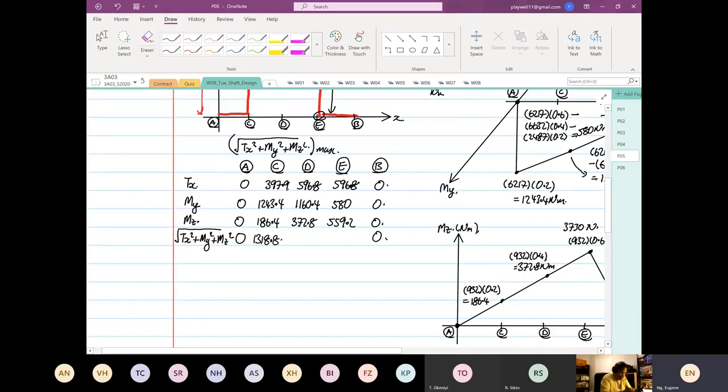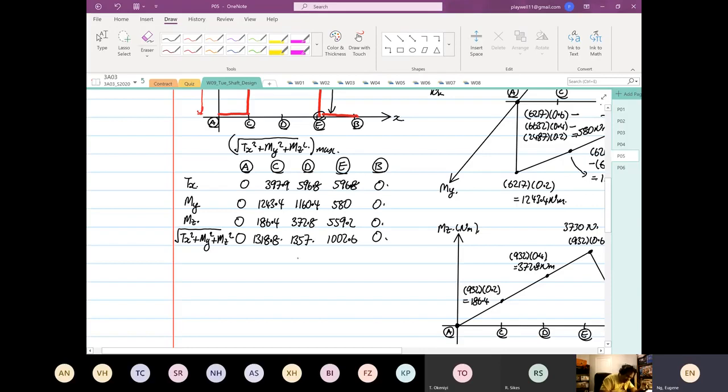Then 596.8 squared plus 1160.4 squared plus 372.8 squared, square root, 1357. And then the last one, which we already know will not be the largest value, plus 559.2 squared is equal to 1002.6.